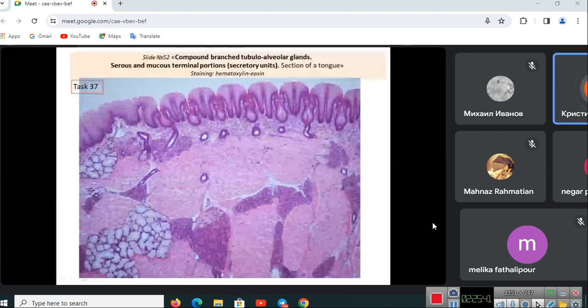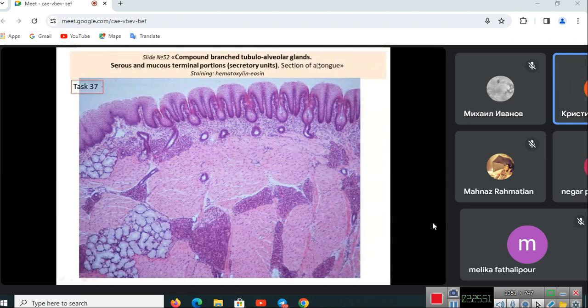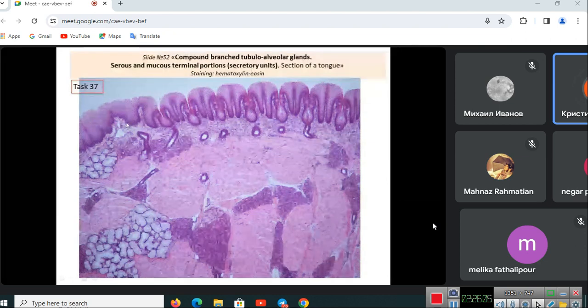So we will see different types of cells in the section of the tongue. So it's this section of a tongue inside which we have the salivary glands. So this is the surface of the tongue covered with stratified non-keratinized squamous epithelium.